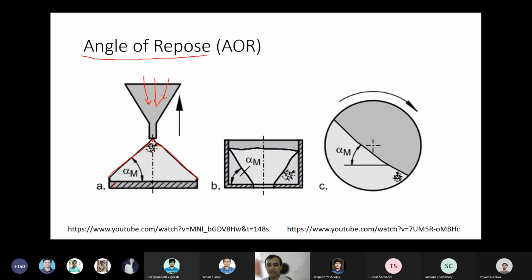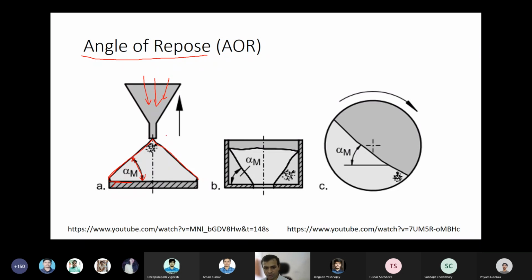It always forms a heap unless you take extremely smooth spherical balls. So the angle between the bottom surface and the cone side is called the angle of repose.